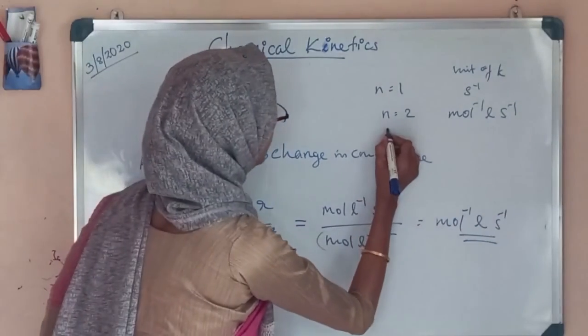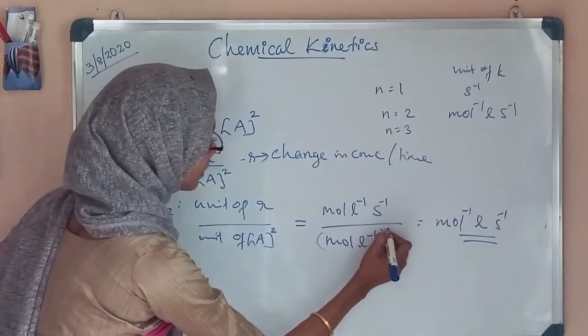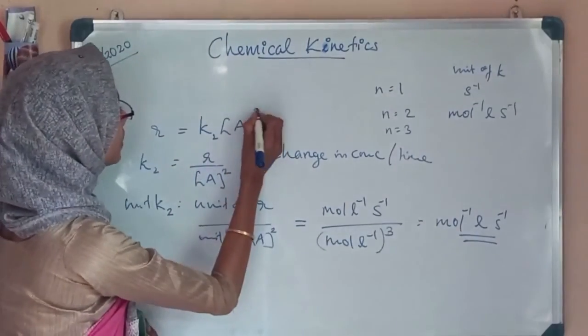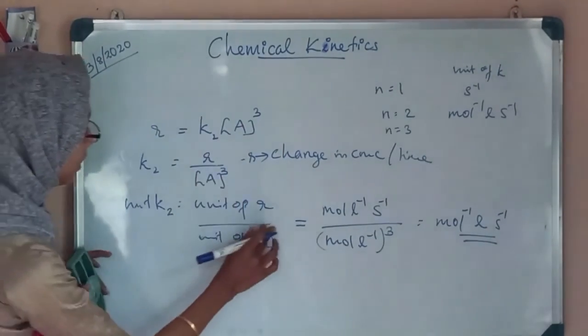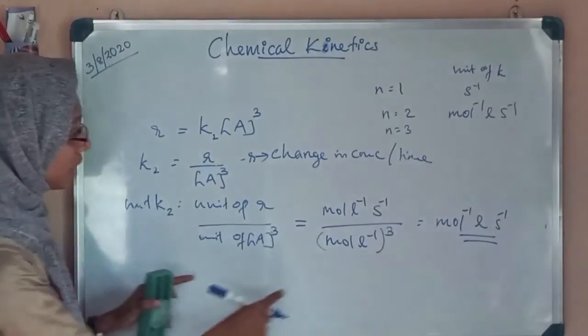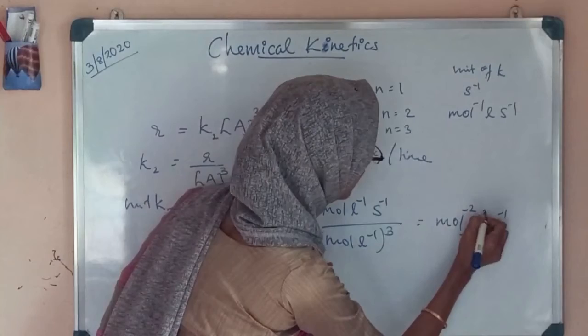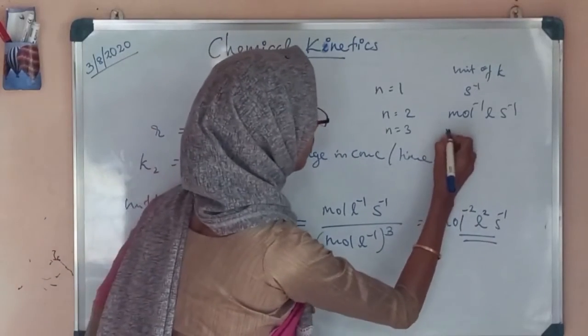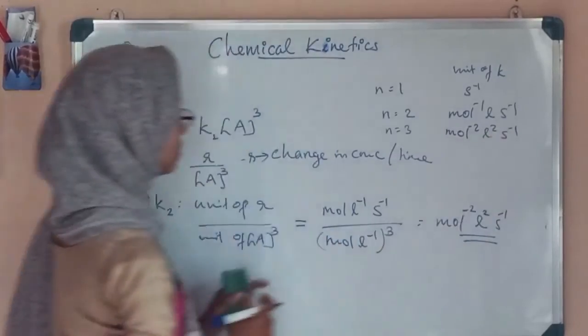Similarly, for a third order reaction, here n is equal to 3, so this becomes [A]³. So the unit is equal to mole⁻² liter² second⁻¹.